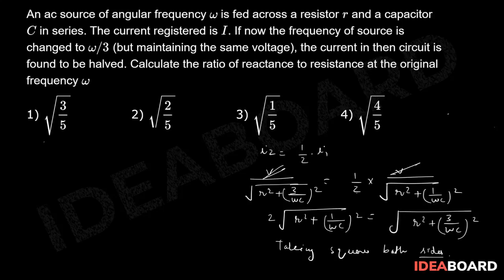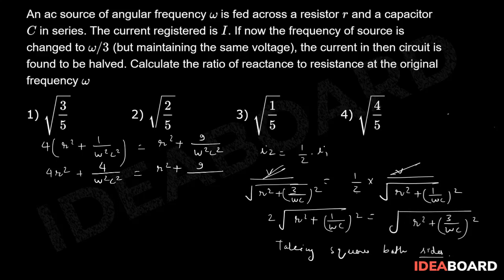This will become 4 into small r square plus 1 upon omega square C square, which will give us r square plus 9 upon omega square C square. So if you multiply, you get 4r square plus 4 divided by omega square C square is equal to r square plus 9 upon omega square C square.